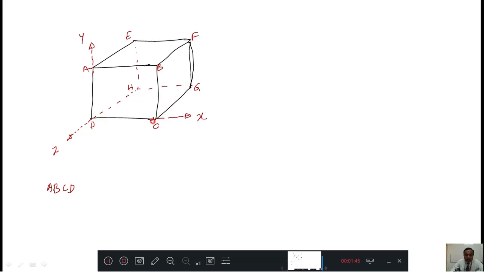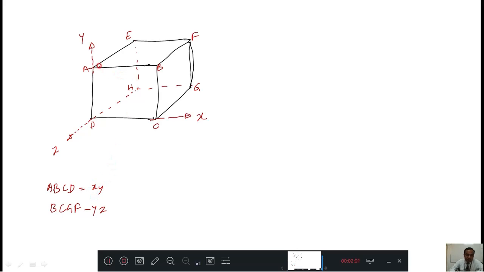Can you tell me which plane this is? BCGF. BCGF is Z and Y, the YZ plane. This is the XY plane.